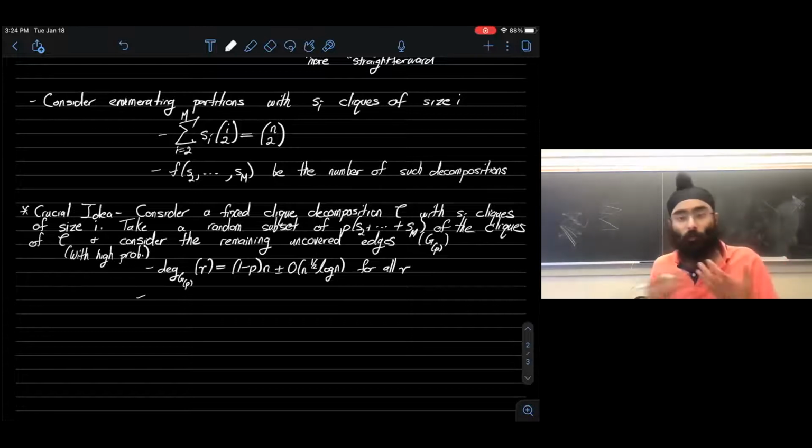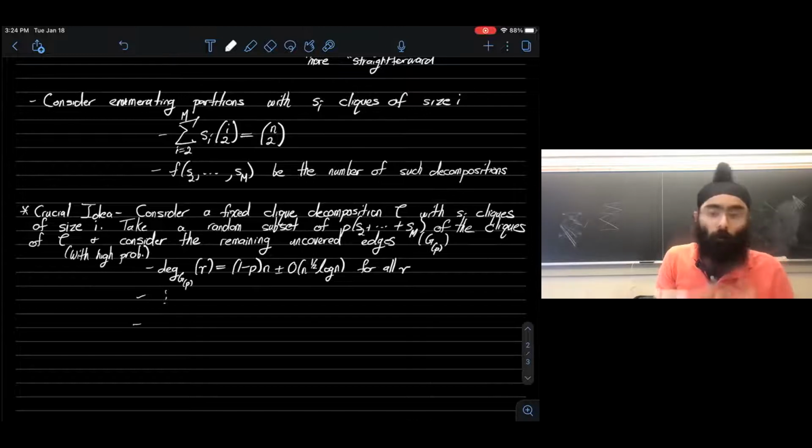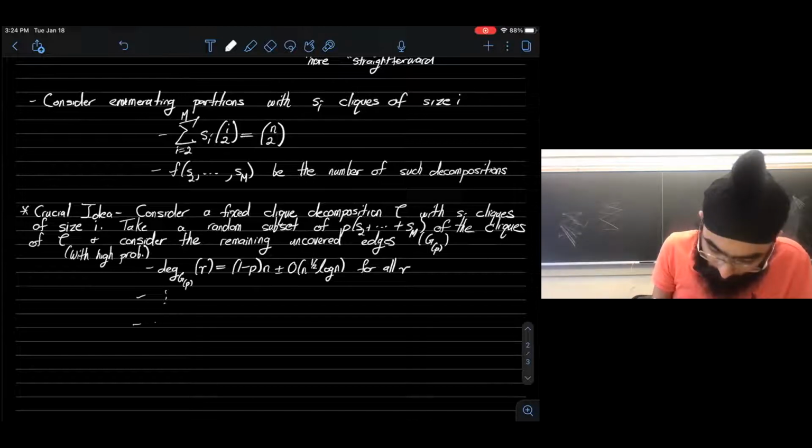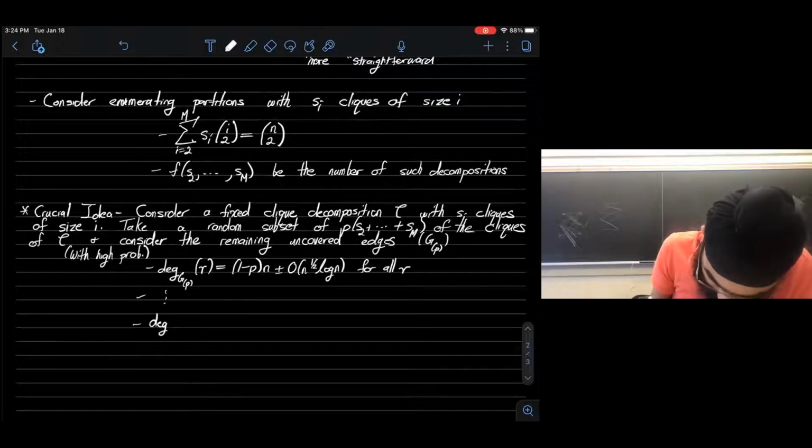And not only is this true for degrees, this is true for co-degrees and higher. This is maybe not the most standard notation, but let's say the degree of G_p of v_1 through v_k is just the intersection of the neighborhoods of the v_i.